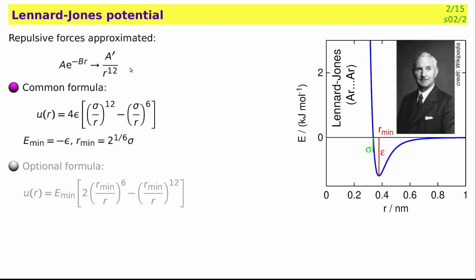From the computational point of view, the exponential function is more demanding to calculate, or at least it used to be. So Mr. Lennard-Jones discovered one simple way how to simplify this. He replaced this exponential repulsion by simply another term, which is a square of this attractive term, in fact.